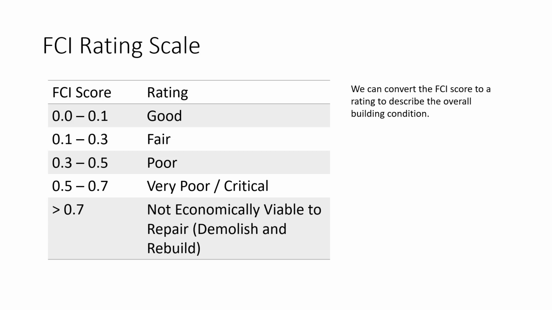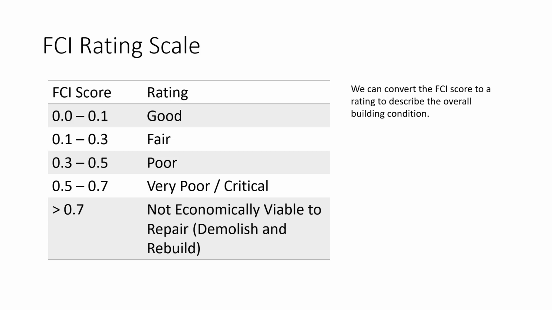A quick rule of thumb for the assets that we have at D&D is to remember 1, 3, 5, 7, all the odd numbers. Assets between 0 and 0.1 are rated good, 0.1 to 0.3 are fair, 0.3 to 0.5 are poor, and up to 0.7 is very poor or critical.